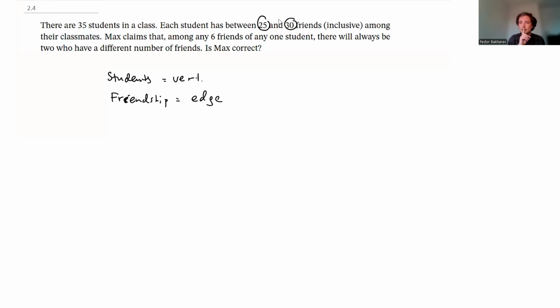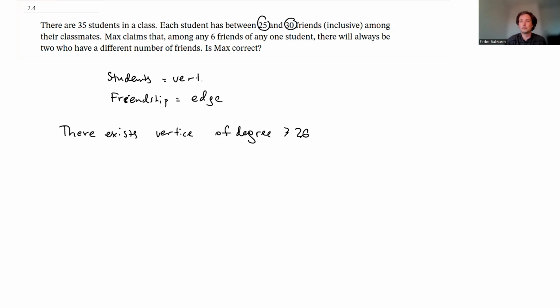The first thing we should understand is that it is not possible that all vertices have degree 25. So there exist vertices of degree at least 26. This is due to the so-called handshake lemma.